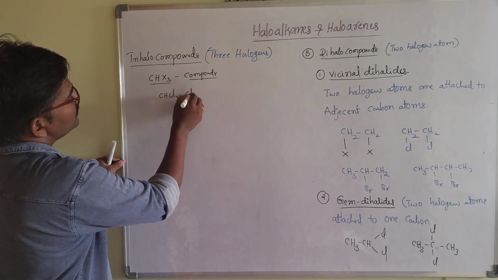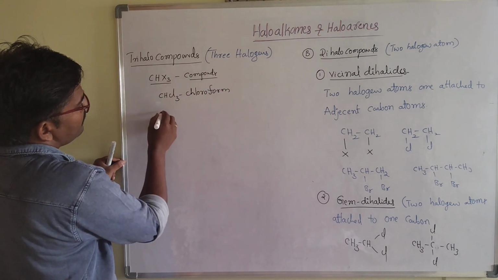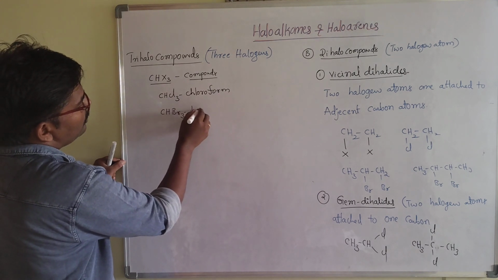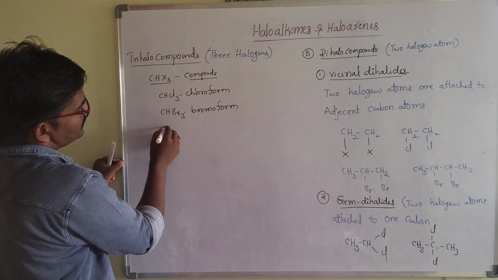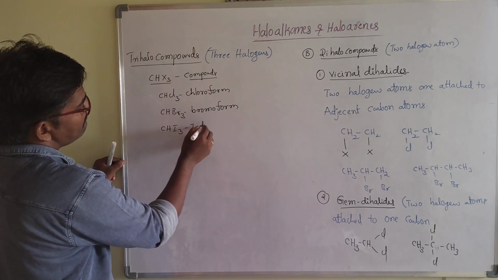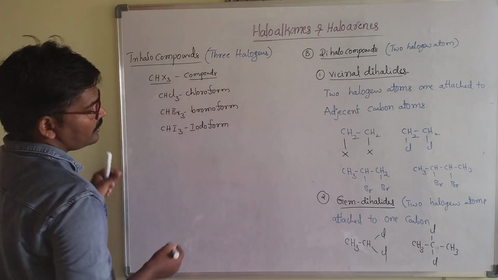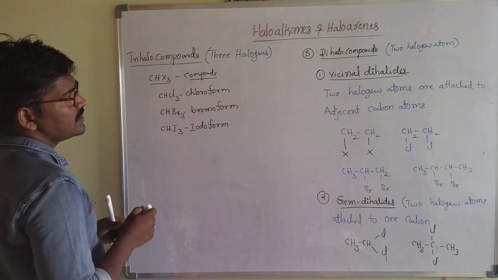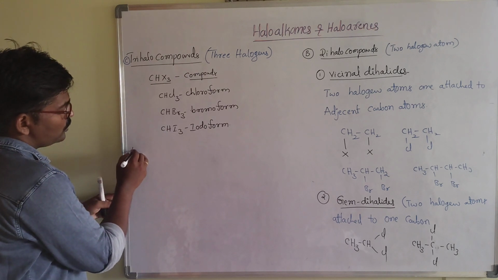CHCl3 we call chloroform, CHBr3 is bromoform, and CHI3 is iodoform. All these are trihalo compounds. That is the third one.